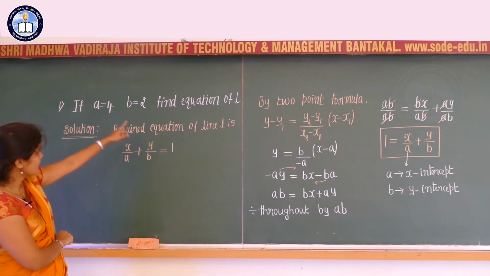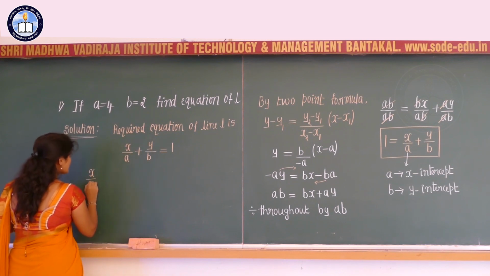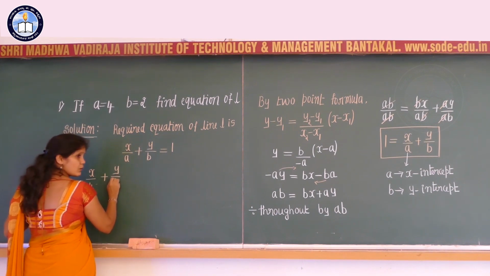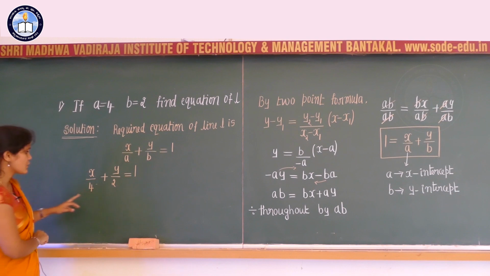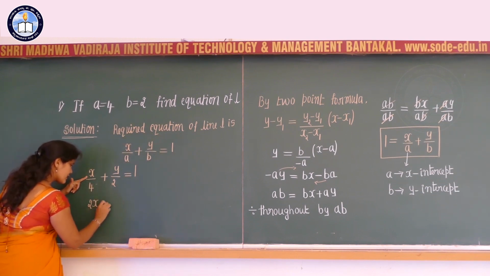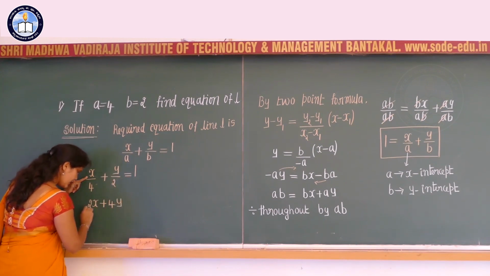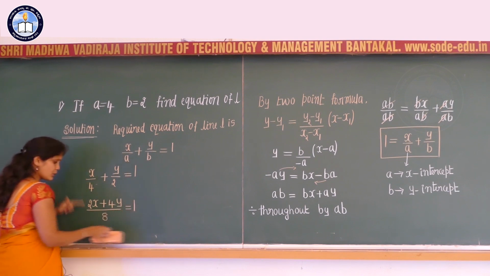Substituting the values of a and b, x divided by 4 plus y divided by 2 is equal to 1. And this simplification we can write as 2 multiplied with x, that is 2x, plus 4 multiplied with y, that is 4y, divided by 4 twos are 8, is equal to 1.